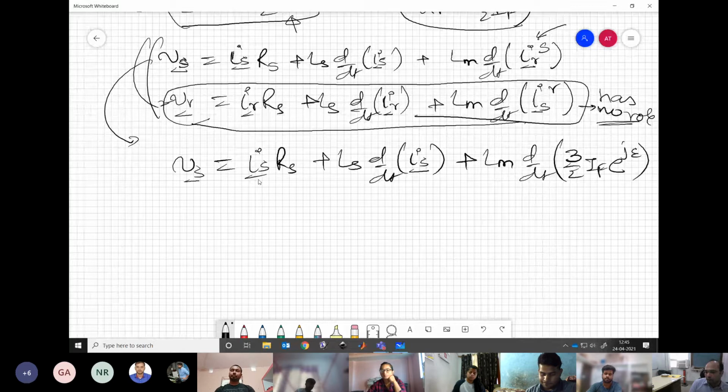So this is all the modeling of the permanent magnet synchronous motor in the stationary or stator reference frame. This is all. You have done this. You may expand this term. So what will come out?